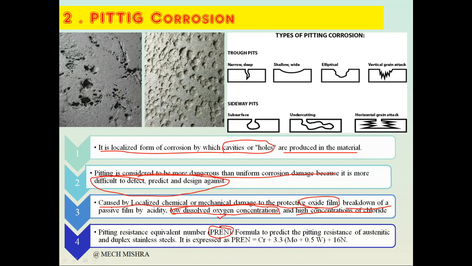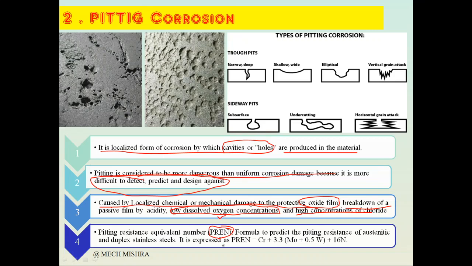So what is PREN? PREN is the pitting resistance equivalent number. Basically SS, duplex and these high alloys, which we call CRAs, corrosion resistant alloys, are classified based on their PREN number. If a certain metal has a high PREN number, its pitting resistance is very high.